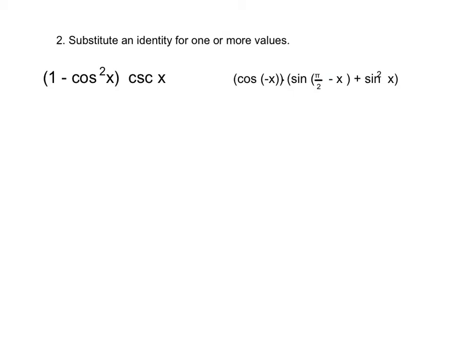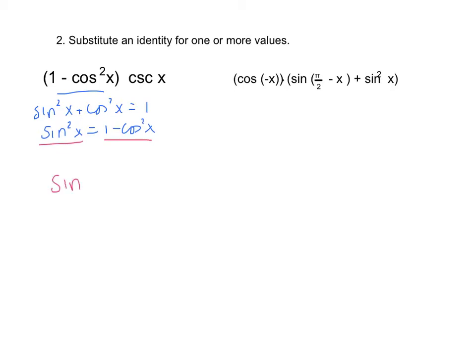Okay, number 2 is substitute an identity for one or more values. We have seen this one before where we had the Pythagorean identity: sine squared x plus cosine squared x equals 1. And remember that sine squared x would equal 1 minus cosine squared x. So in other words, I can substitute sine squared x for 1 minus cosine squared x.